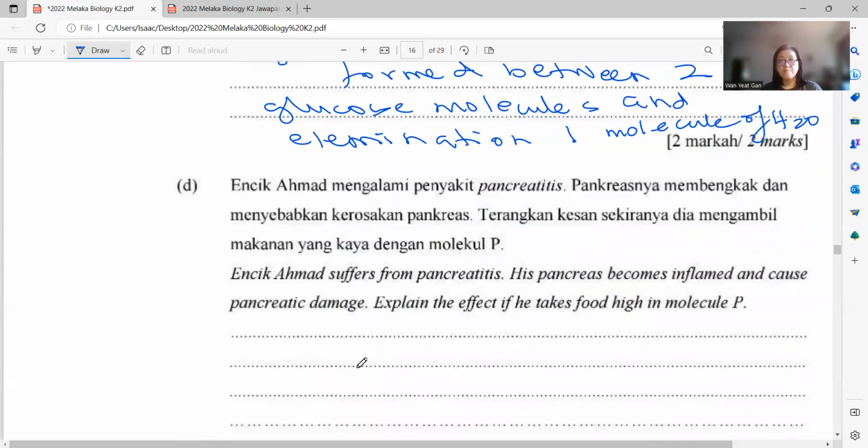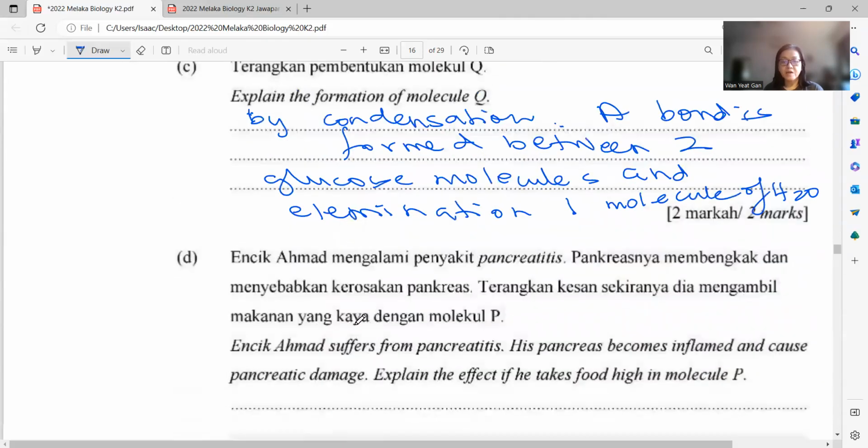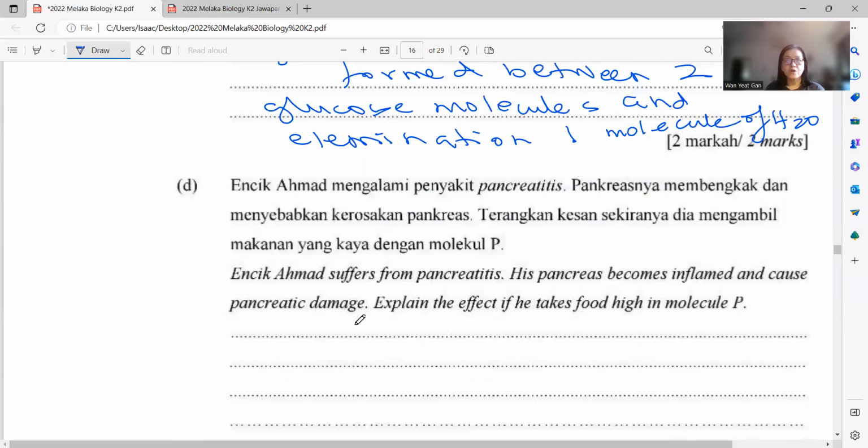Encik Ahmad suffers from pancreatitis. Okay, his pancreas becomes inflamed and causes pancreatic damage. Explain the effect if he takes food high in molecule P. So if he has too much of P, which is glucose, then he's suffering from pancreatitis, which means less production of insulin.